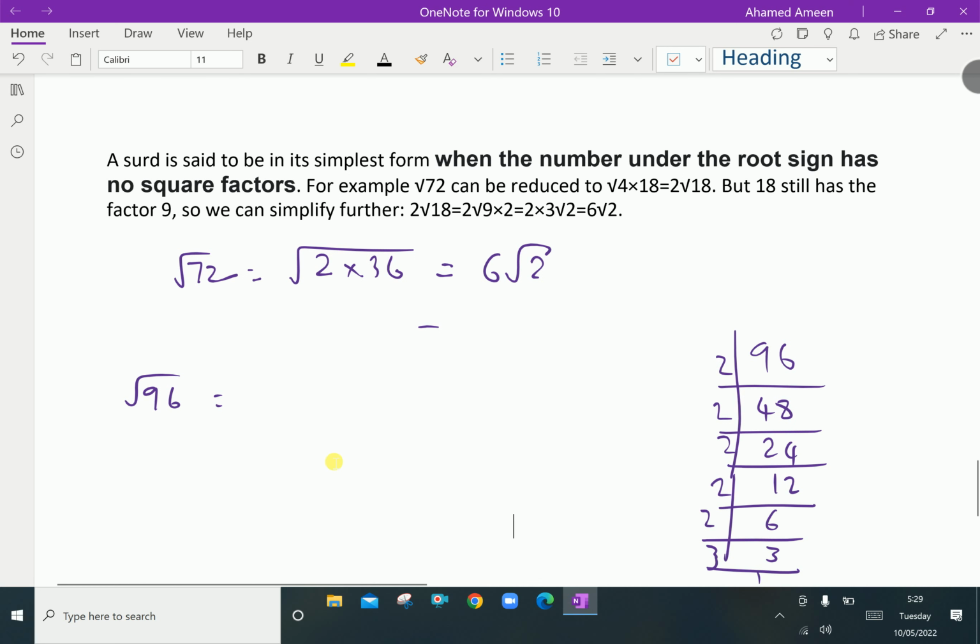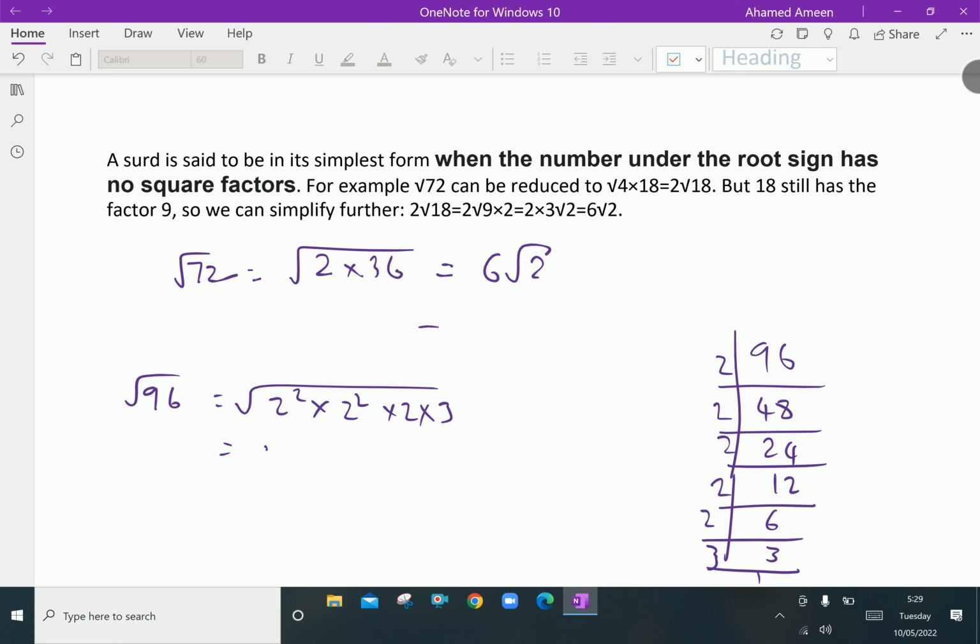So here inside the square root we have 2 square and another 2 square, and another 2 into 3. The 2 is taken out because of square root of 2 square, and another 2 is taken out, and square root of 6. Here, 4 root of 6. Then we can say the square root of 96 is a surd.